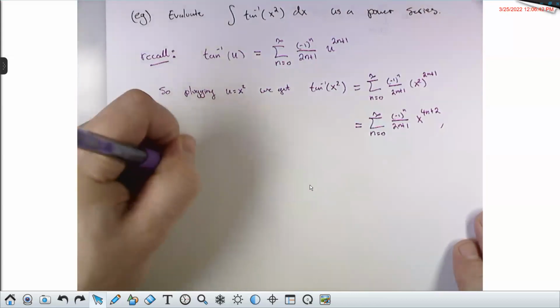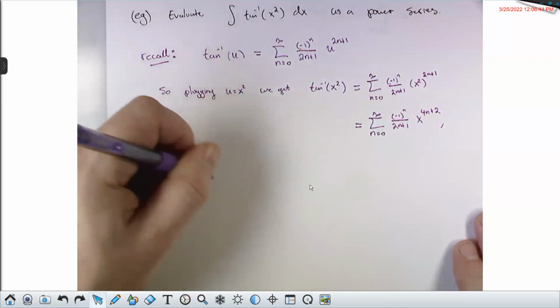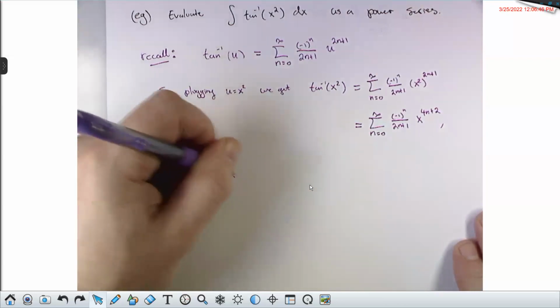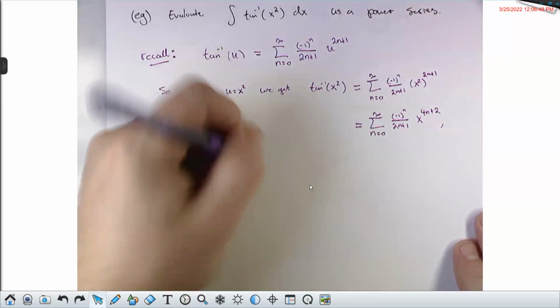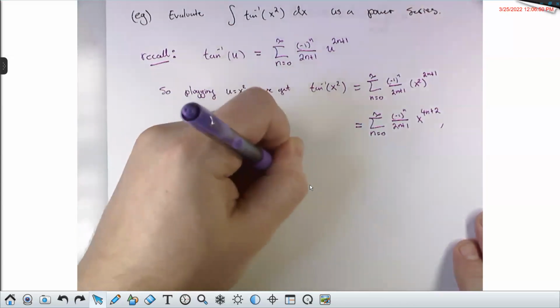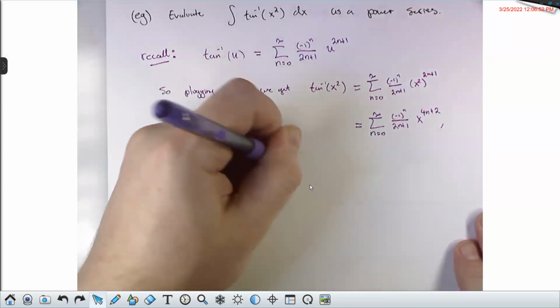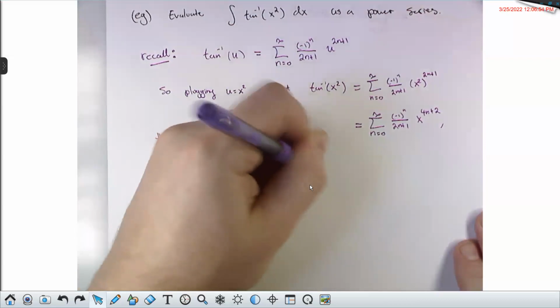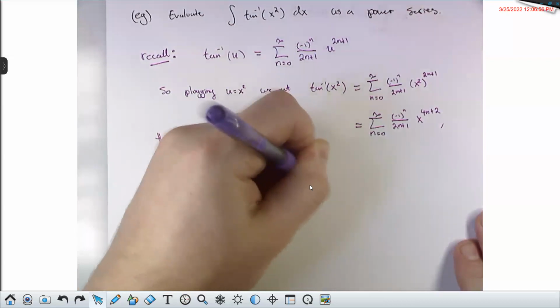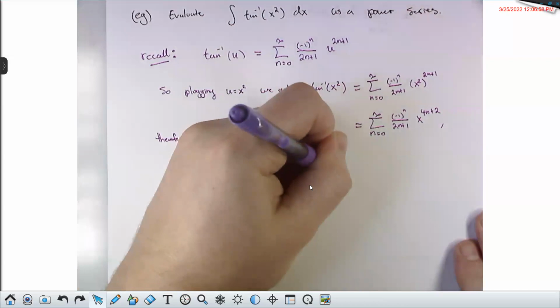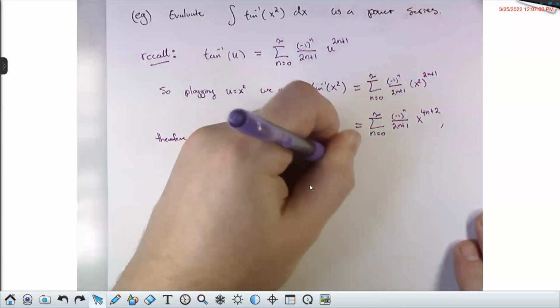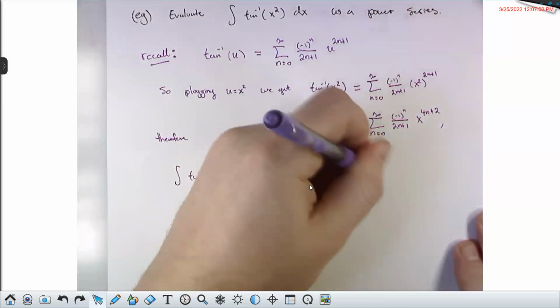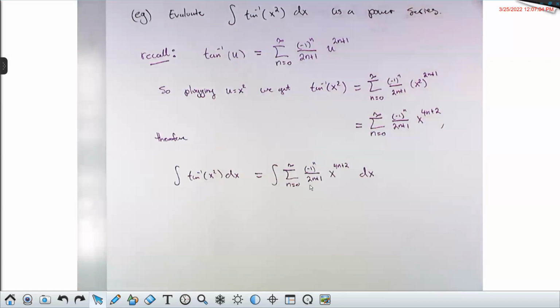Therefore, the integral of the inverse tangent of x squared dx is the integral of this series. Integral of sigma n from 0 to infinity, -1 to the n over 2n plus 1, x to the 4n plus 2 dx.